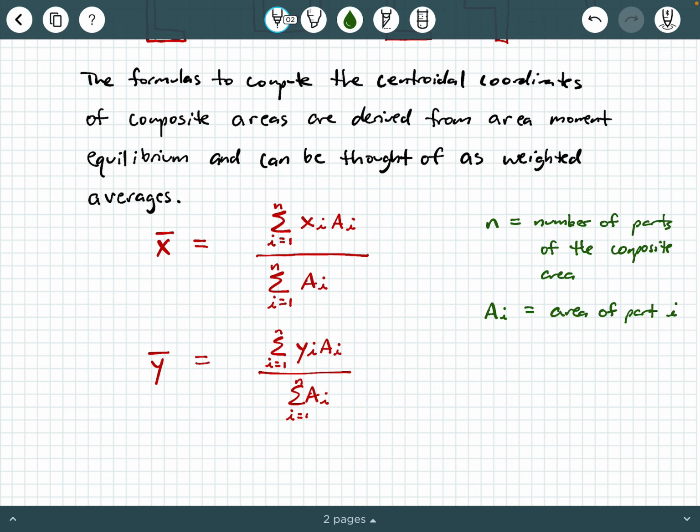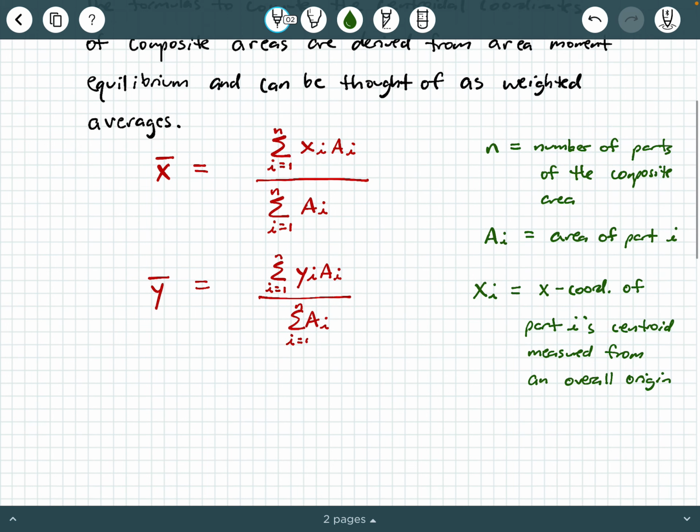Now what about these other terms here? We have x sub i and y sub i in the mix here. x sub i is the x coordinate of part i's centroid measured from an overall origin.